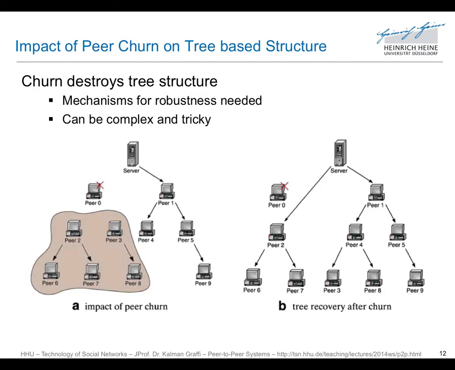One approach to overcome this is to have parallel trees, so that you don't have just a single tree but several trees, and you push the chunks, the different parts of the video stream, over these various trees. This balances the load a little more, so the weakest peers might also be active in some other trees. And if one tree fails, you can compensate over the other trees.